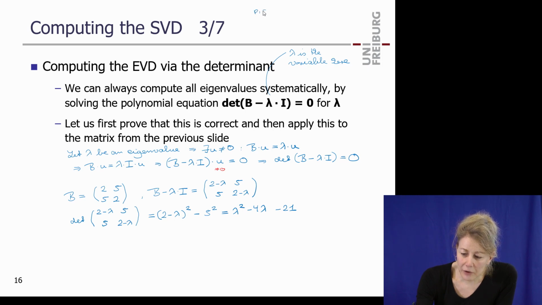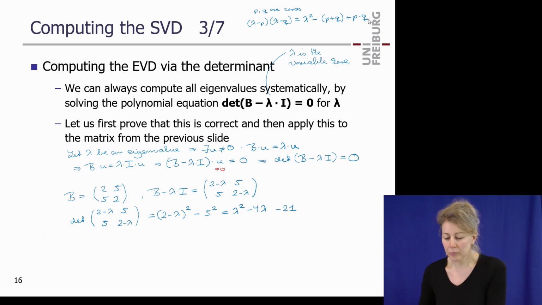If P and Q are zeros, then you would have lambda minus P times lambda minus Q. If I compute this, I get lambda squared minus P plus Q times lambda, plus P times Q. If you have integer numbers, you can usually see the zeros by looking at it.